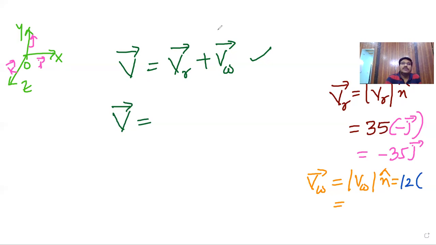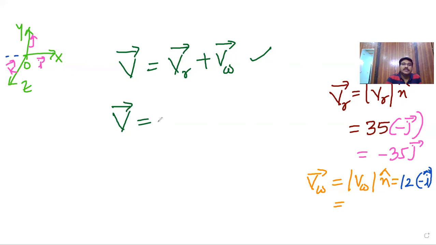The wind is east to west, in this direction. The positive direction is I bar, the negative direction of the x-axis is minus I. So minus I for the wind.